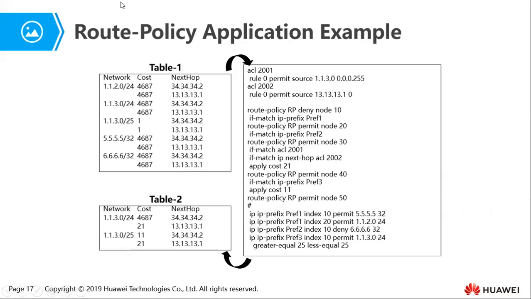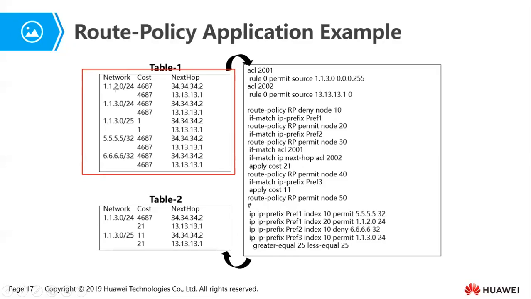Okay, so let's look at this example. Here we have, let's say, the routing table of a router, which has several networks: 2.0/24, 3.0/24, 3.0/25, 5.5/32, 6.6/32. You can also see their cost in this second column here, and you can also see their next hop.